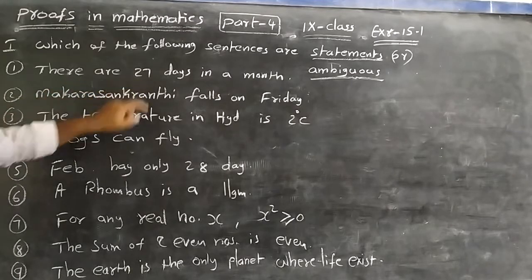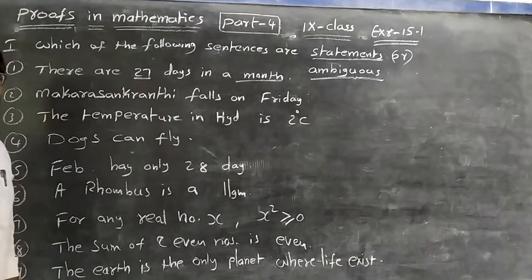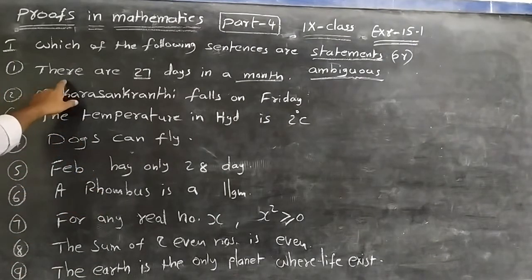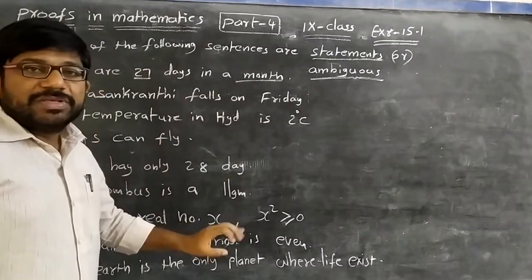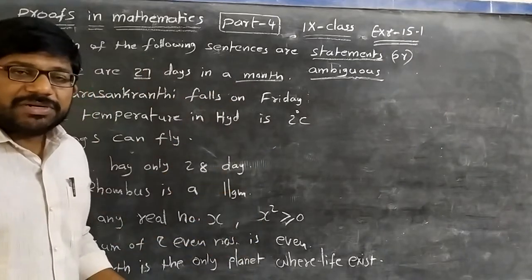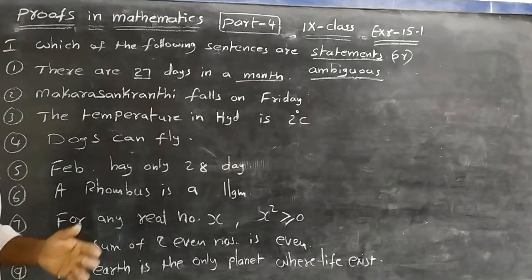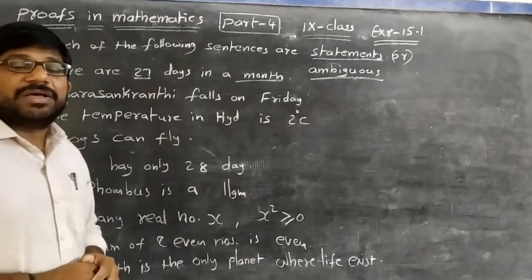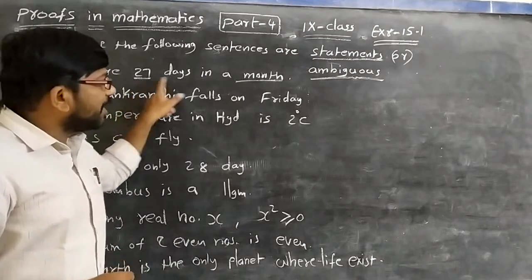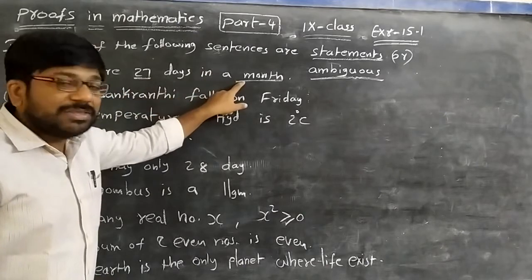There are 27 days in a month. So it is a sentence. Is it a statement? Yes, it is a statement, and clearly a false statement, because 27 days in a month.